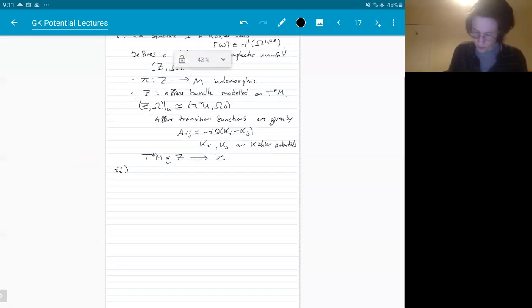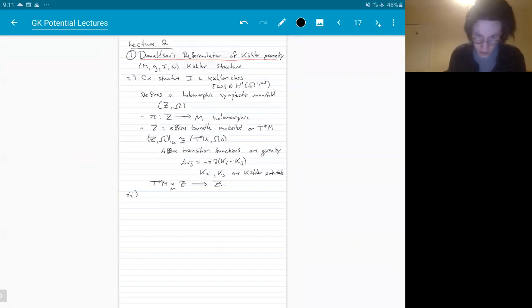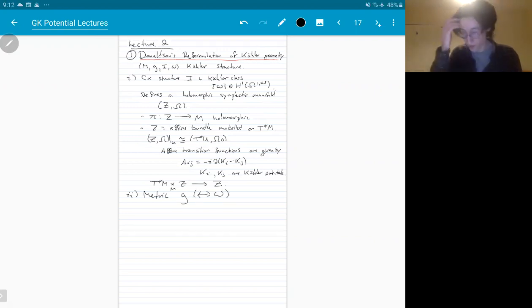So this part is just review from last time. The second part of the Kähler structure is the metric, which is g, or equivalently the actual symplectic form, not just its cohomology class.